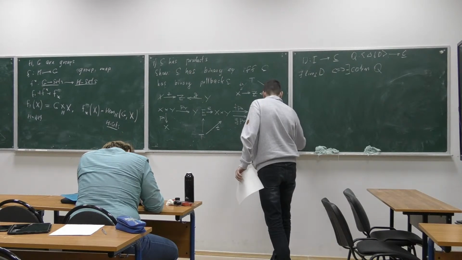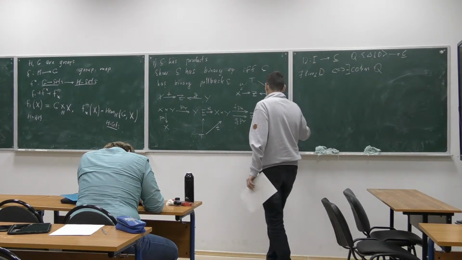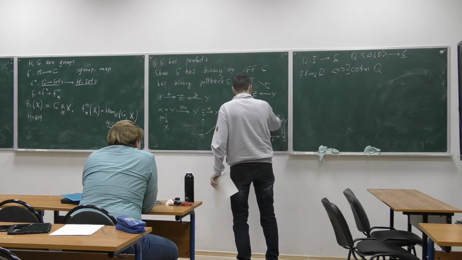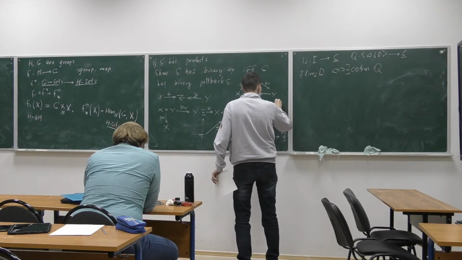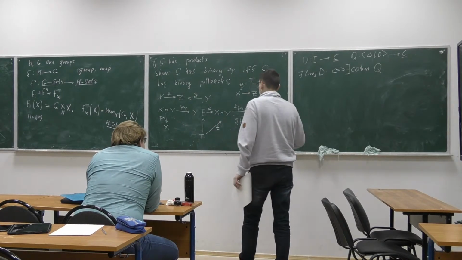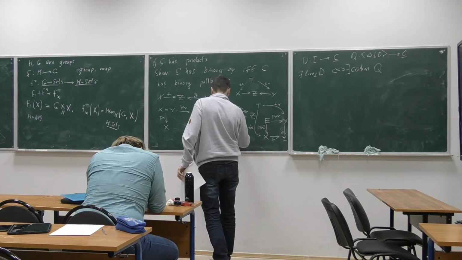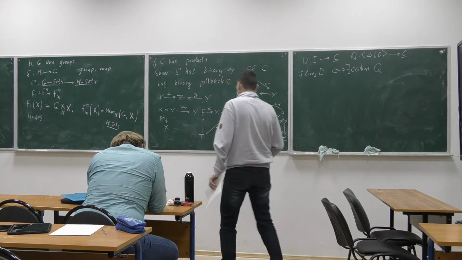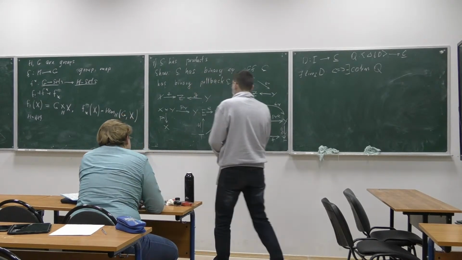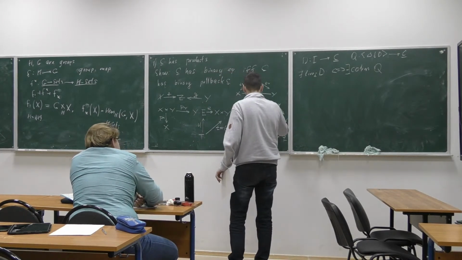And this diagram is commutative because of the equalizer. And if I have T, I can consider such a map into the product of X, Y, and there is a unique U such that this diagram is commutative.